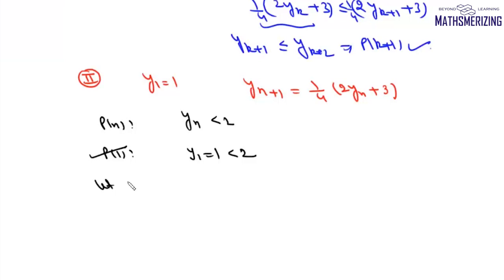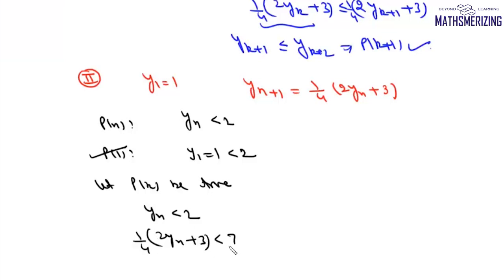Now we'll let pk be true. That means yk is less than 2. What we'll do is we'll multiply it with 2 and then add 3. So we'll get 2yk plus 3 is less than 2 into 2, 4, 4 plus 3 is 7, and we multiply it with 1 by 4.